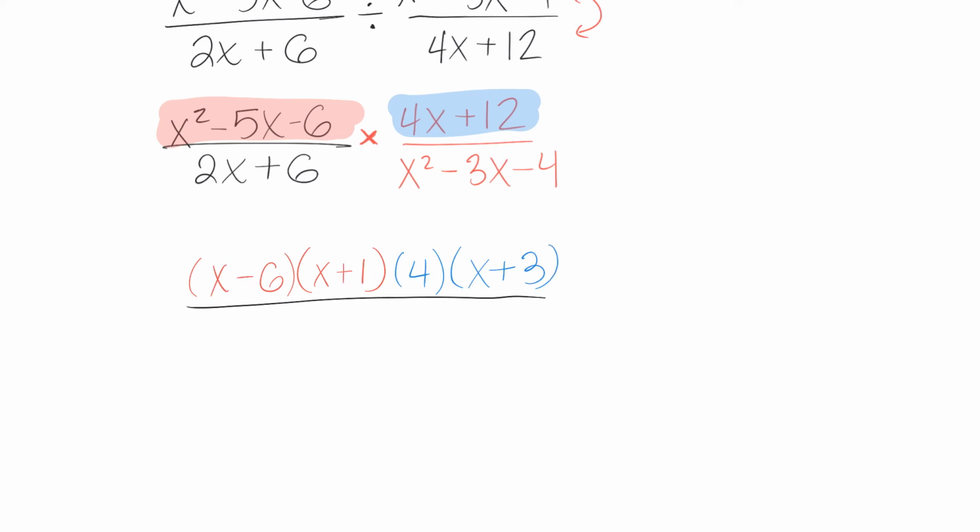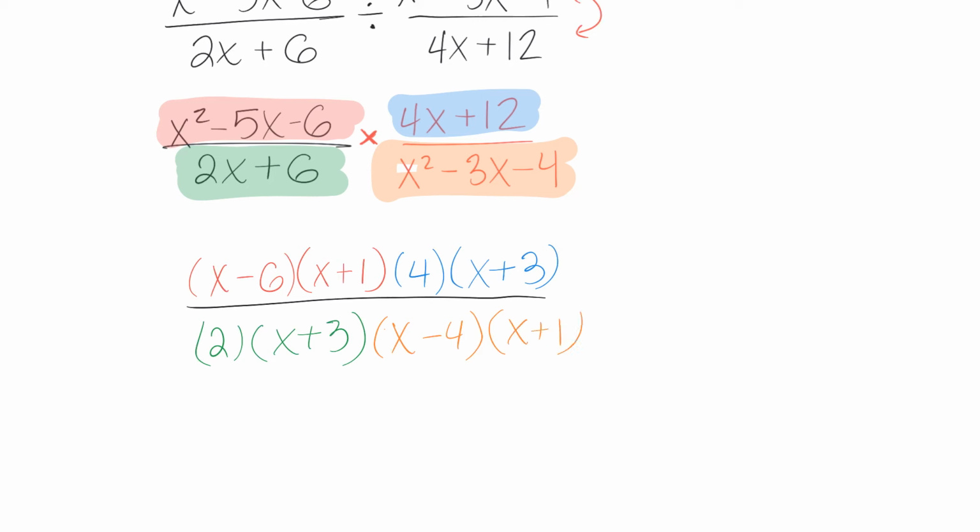Times x plus 3. In the denominator, I've got 2x plus 6. I'm going to factor out a 2, and that leaves me x plus 3. And then over here, I've got my final one, x squared minus 3x minus 4. I'm going to factor that to x minus 4 times x plus 1.